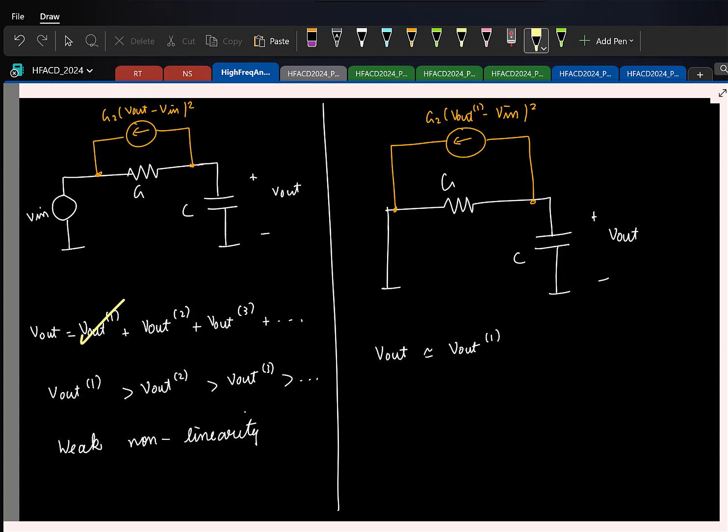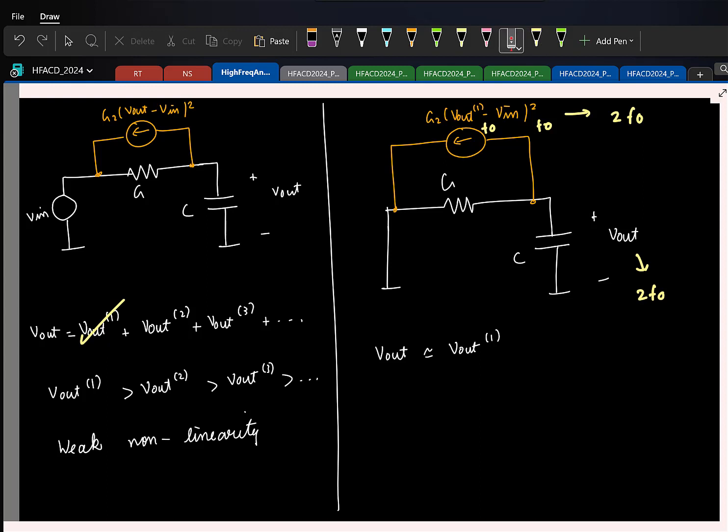Again, the simple way to understand is, let's assume that V in is a tau naught F naught. V out 1 is the linear portion, which will also contain a tau naught F naught. So what is the source here? What is the frequency the source has? 2 F naught. Okay, so V out will have a 2 F naught component.